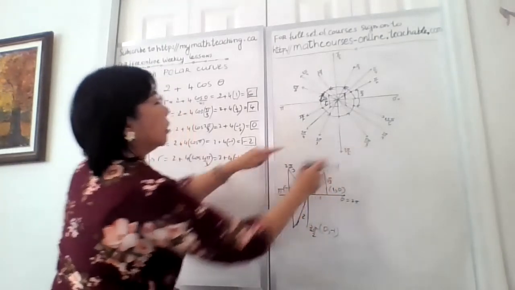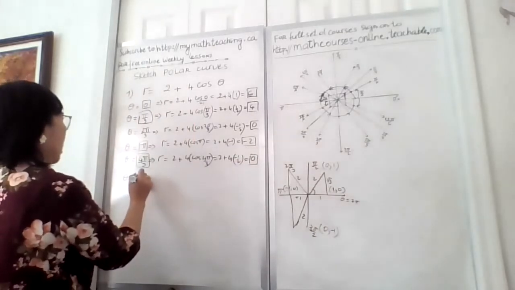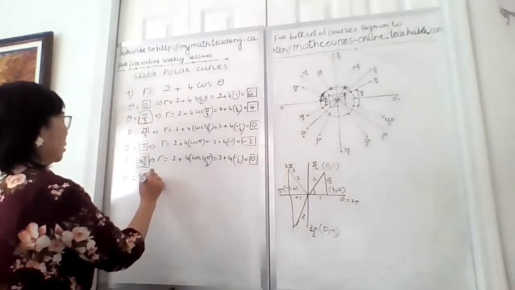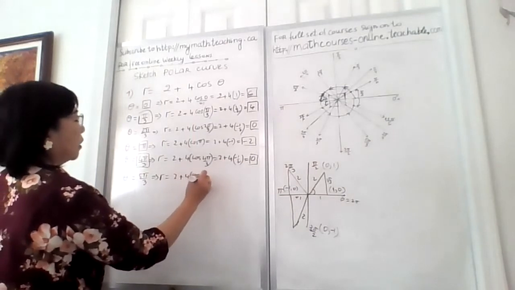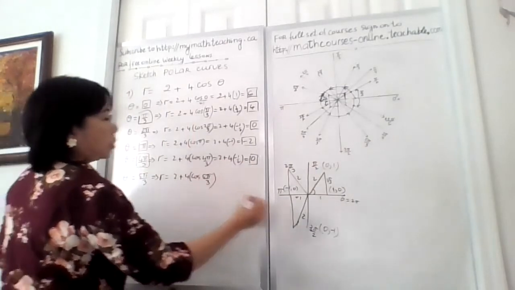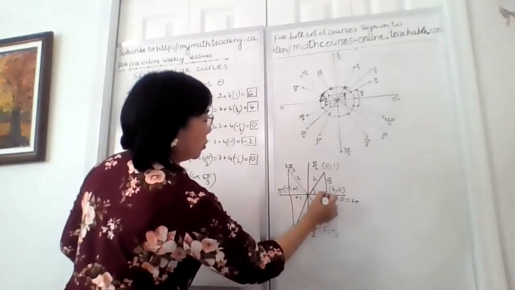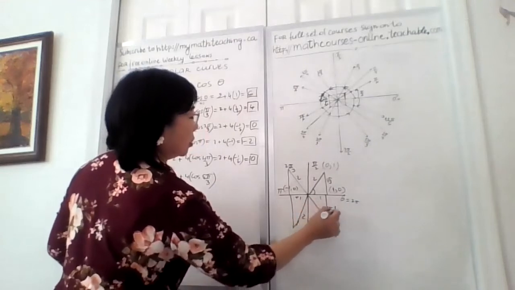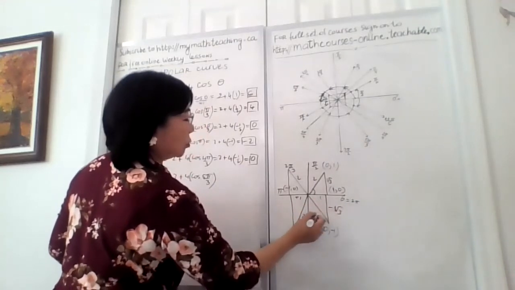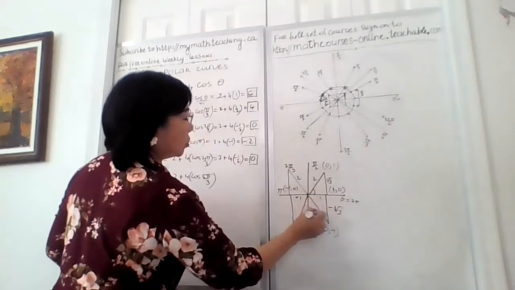Now let's count 5 pi over 3. Theta equals 5 pi over 3. r will be equal to 2 add 4 times cos 5 pi over 3. The angle pi over 3 here has square root 3, this is 1 and 2.